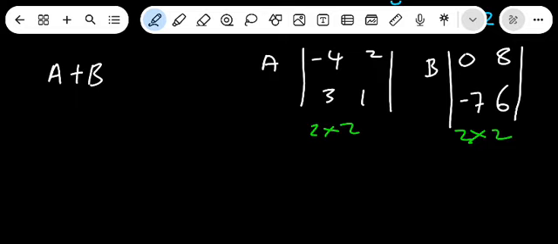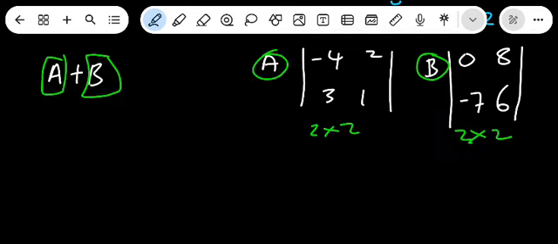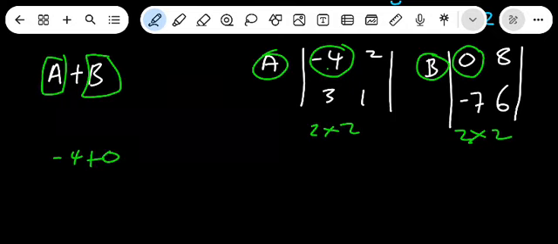So matrix A, we add it to matrix B. The element in the first row and first column, you add with the element in the first row and first column of the other matrix: minus 4 plus 0.